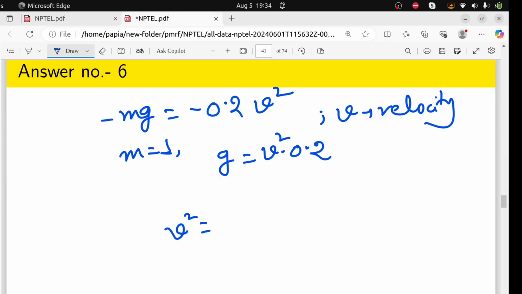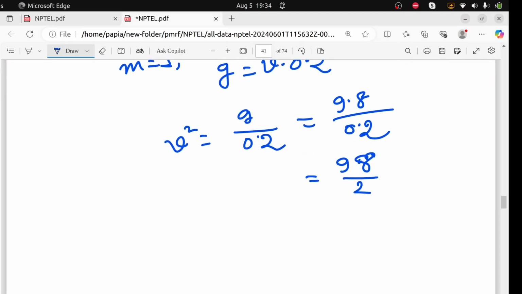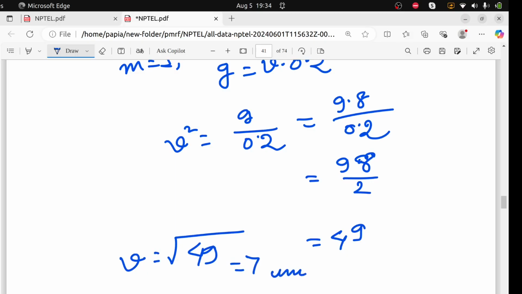So v square will be g by 0.2, and g is 9.8 meter per second square. That is 9.8 divided by 0.2, which is 49. So v is root over 49, which is 7 units. This is the terminal velocity.